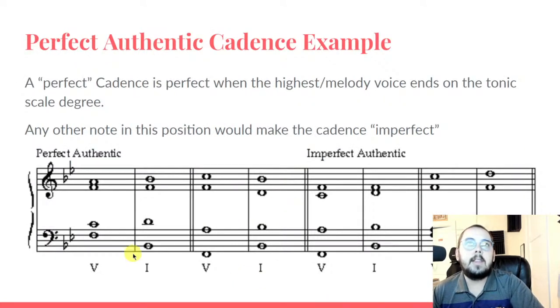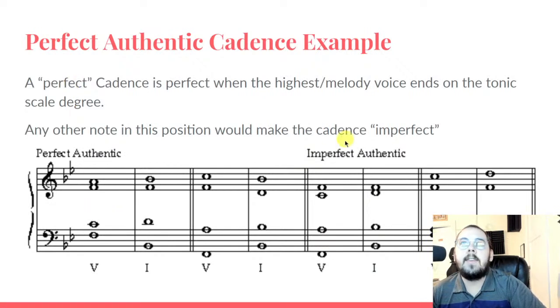Just to illustrate that and get into the authentic cadence examples, an authentic cadence is just 5/1. That's it. And we see, in this case, these are in B flat, so we get F major chords going to B flat major chords, and so on.